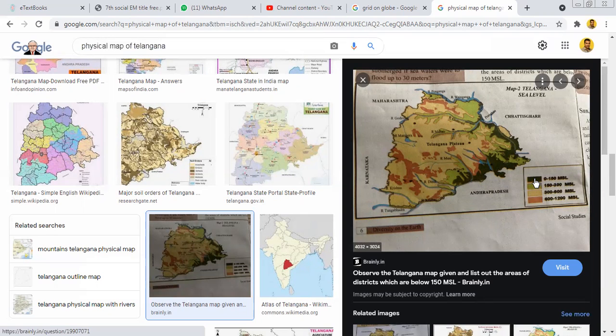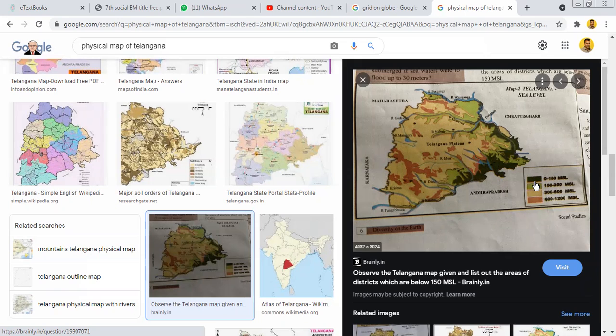From sea level, it is taken from 150 meters, where MSL means mean sea level, mean meaning average sea level. So what is the height of these places? Another color is given for 150 to 300, the next color for 300 to 600, and 600 to 1200.